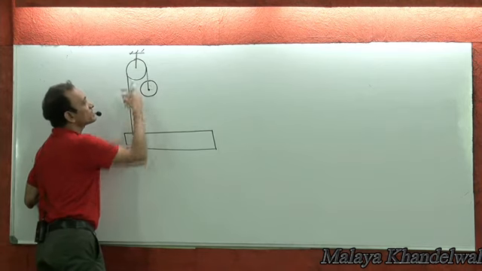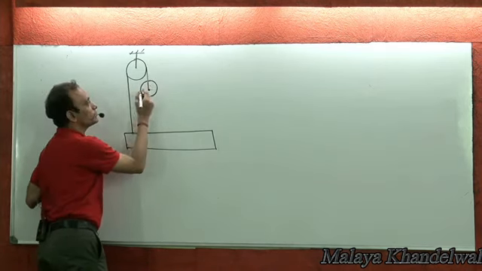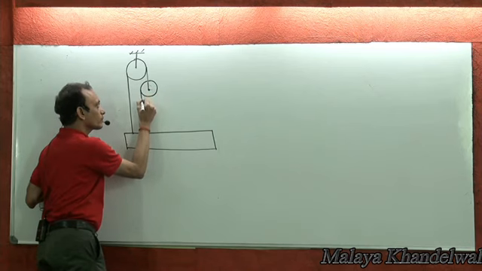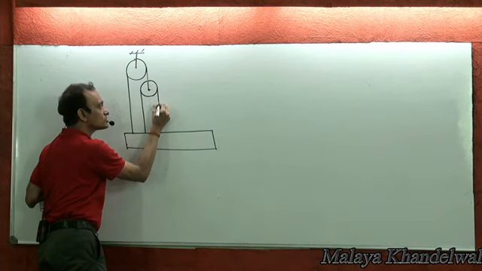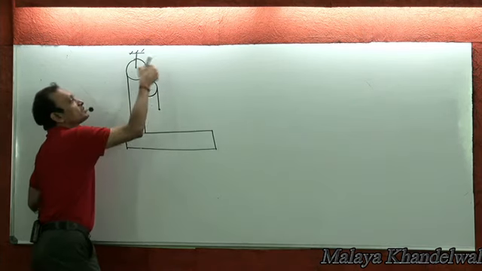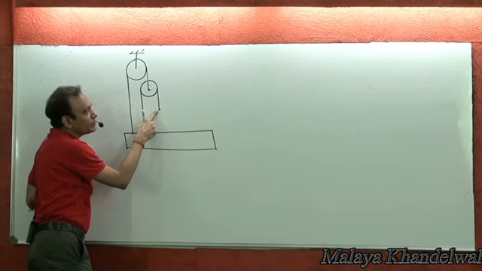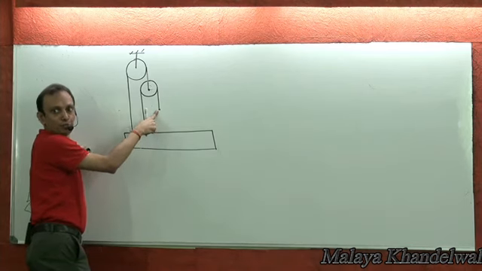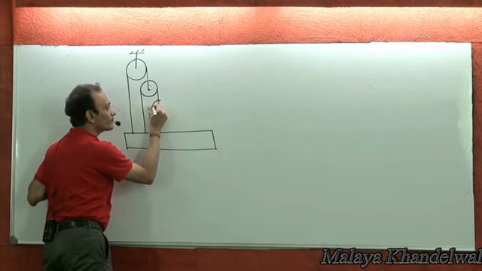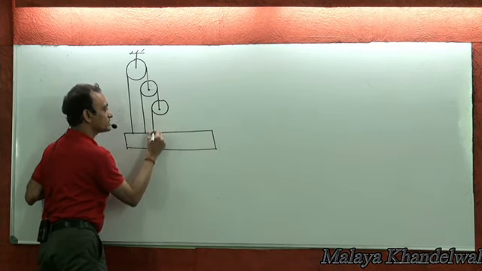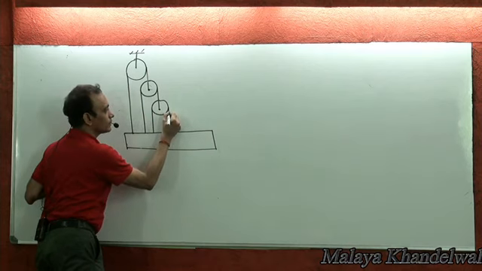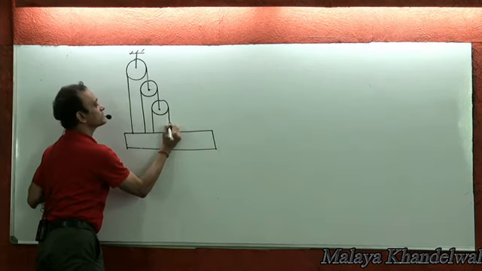This free end of this thread connected to another pulley. There is a string like this. This is another thread, and the free end of this thread, let's say, connected to a third pulley. And then there is a string, there is a free end like this.